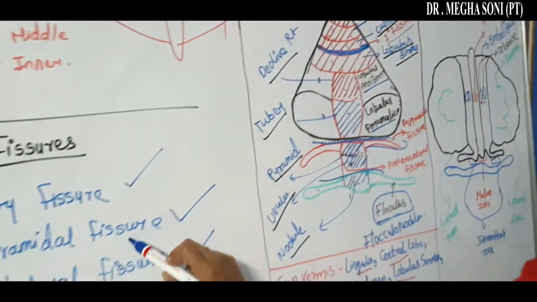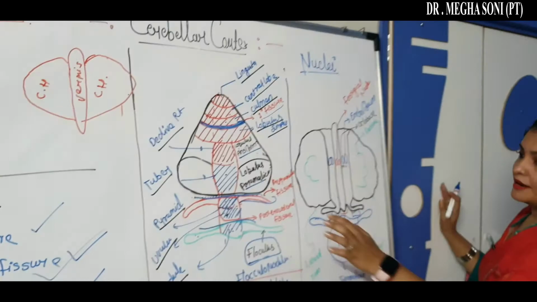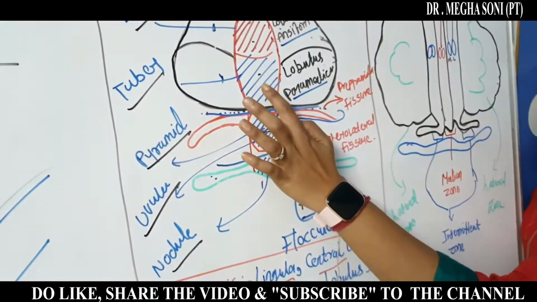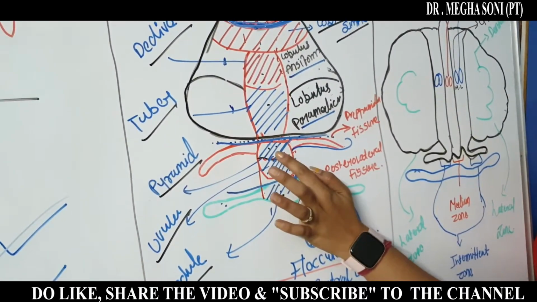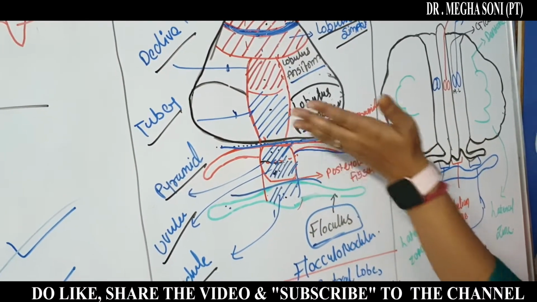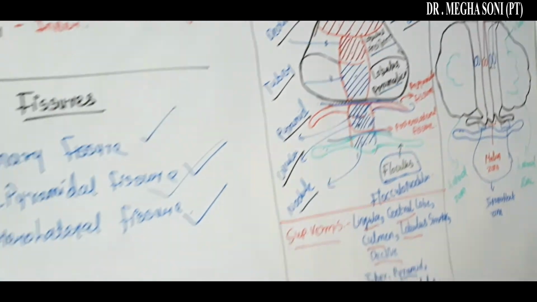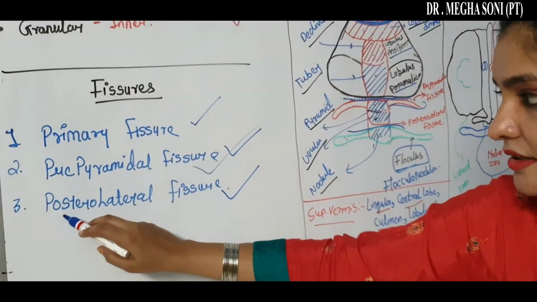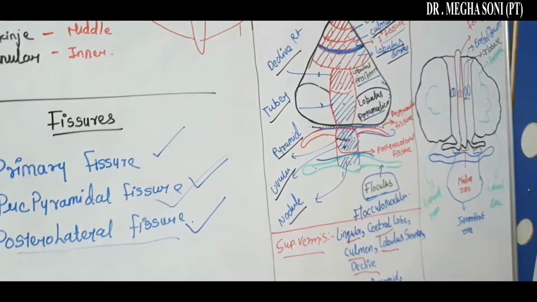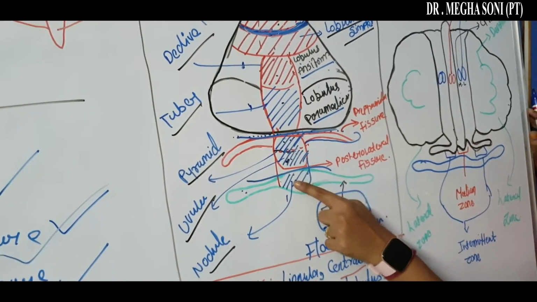Fine. Let's talk about the second fissure, that is pre-pyramidal fissure. Pre-pyramidal fissure is situated between tuber and pyramid. Let's talk about the third fissure, that is posterolateral fissure. Posterolateral fissure is situated between uvula and nodule.